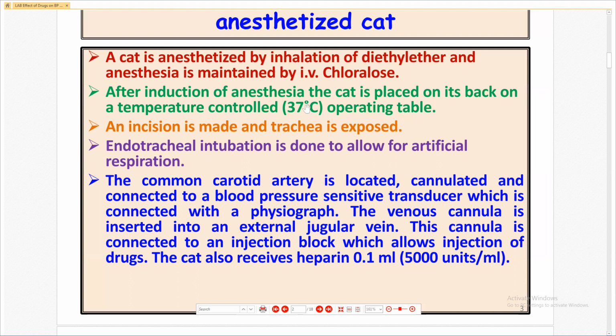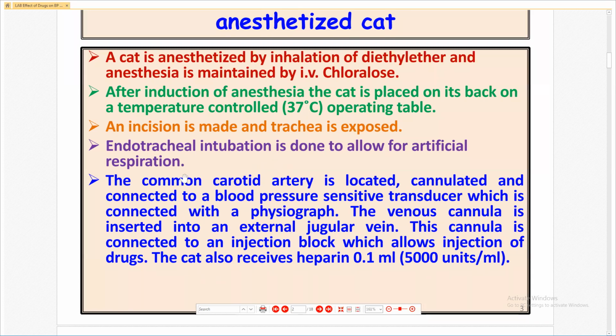After induction of the anesthesia, the cat is placed on its back on a temperature controlled operating table. An incision is made and trachea is exposed. Endotracheal intubation is done to allow for artificial respiration.